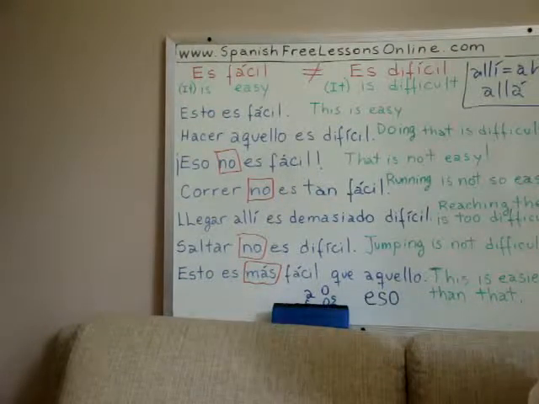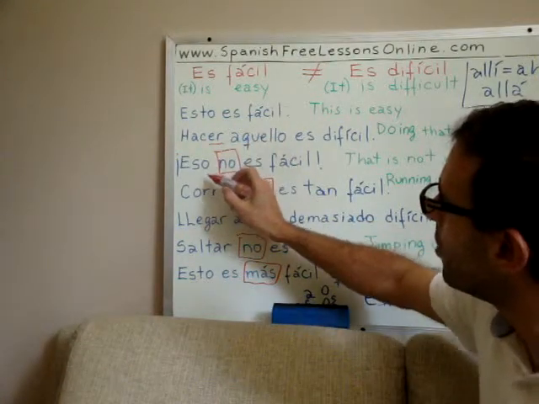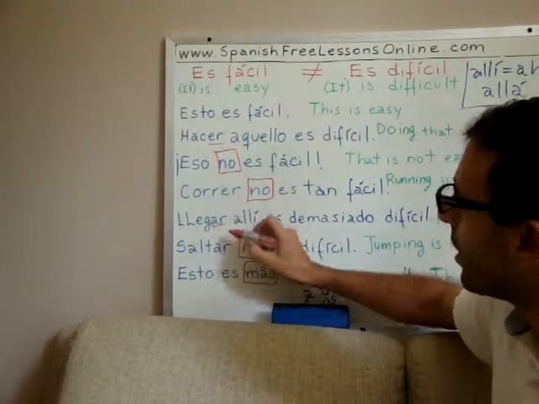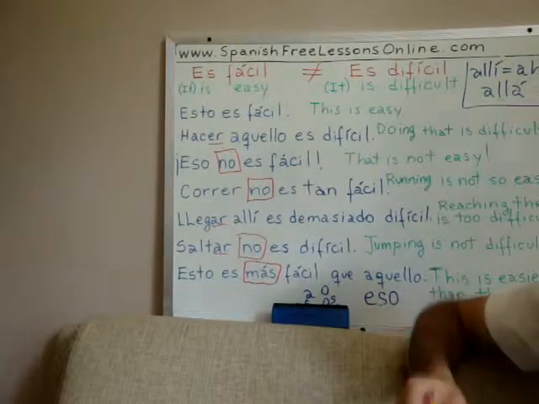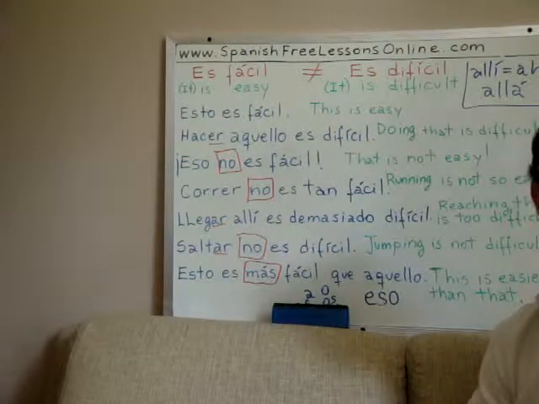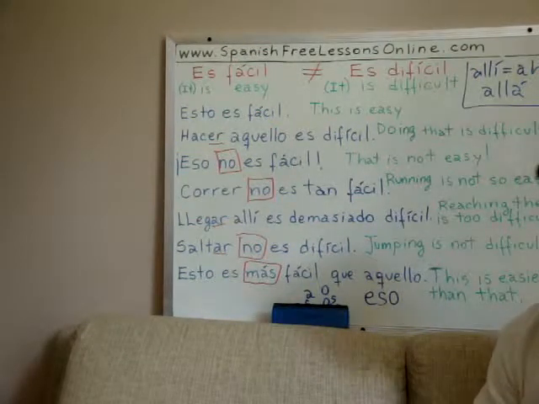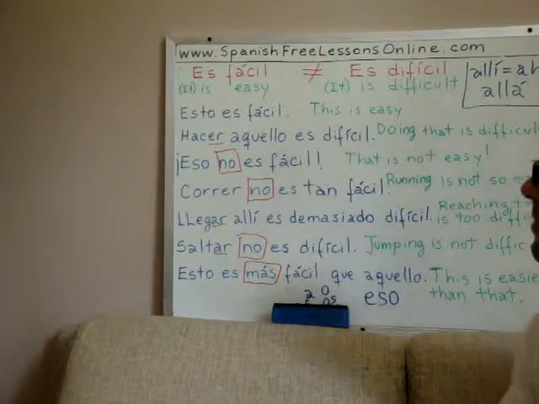And take a look how the verbs in infinitive always end in an R, right? In Spanish we have three groups of verbs. The verbs that end in AR, the verbs that end in ER, and the verbs that end in IR.